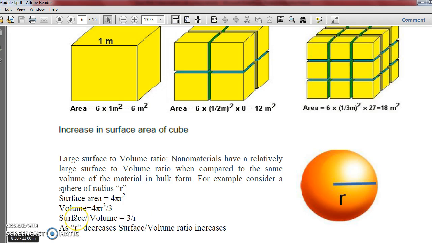Here the surface area to volume ratio is inversely proportional to r, that is, as r decreases, the surface area to volume ratio increases. So the size of the particle, its radius, determines the surface area to volume ratio.